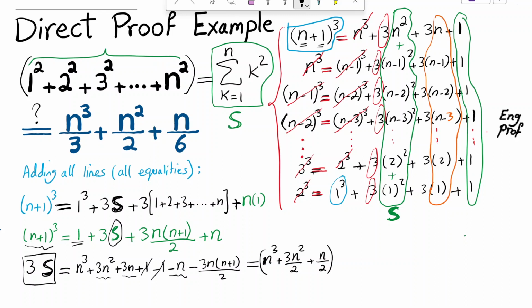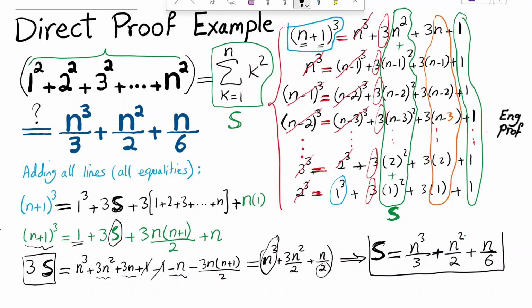Therefore, naturally, as a result, S, the sum of interest, is obviously n cubed over 3, this component divided by 3, and then the next one is n squared over 2, because this 3 cancels out, and then finally n divided by 2 and then divided by 3 as well, so divided by 6.